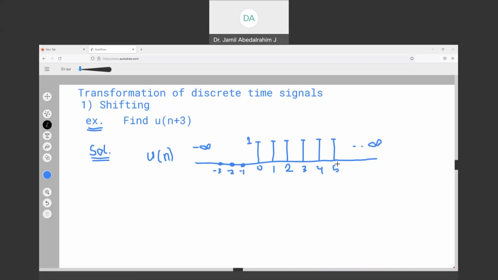So u of 100 becomes u of 100 plus 3, so u of 103. Okay, here the extra 3, where are we going to add it? We already have a signal from 0 until 99. We close the signal at 99. We cannot add more in the non-negative part.